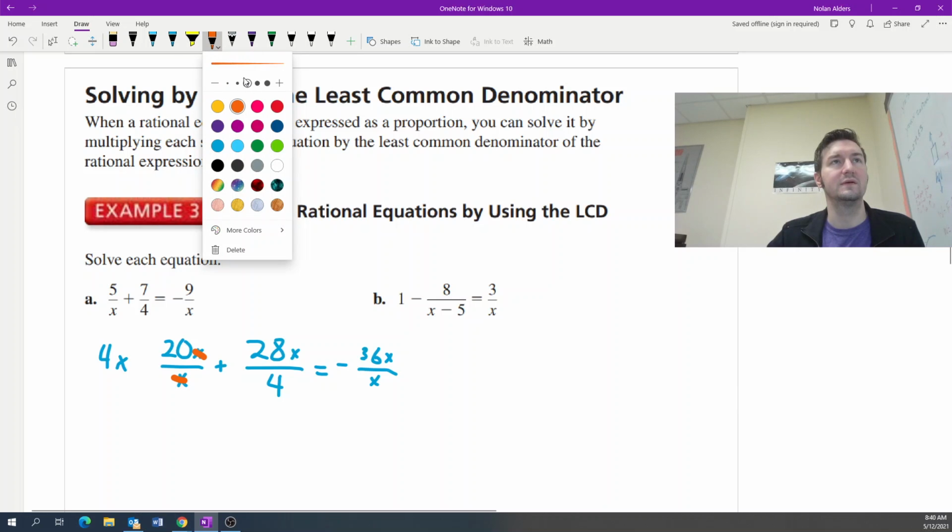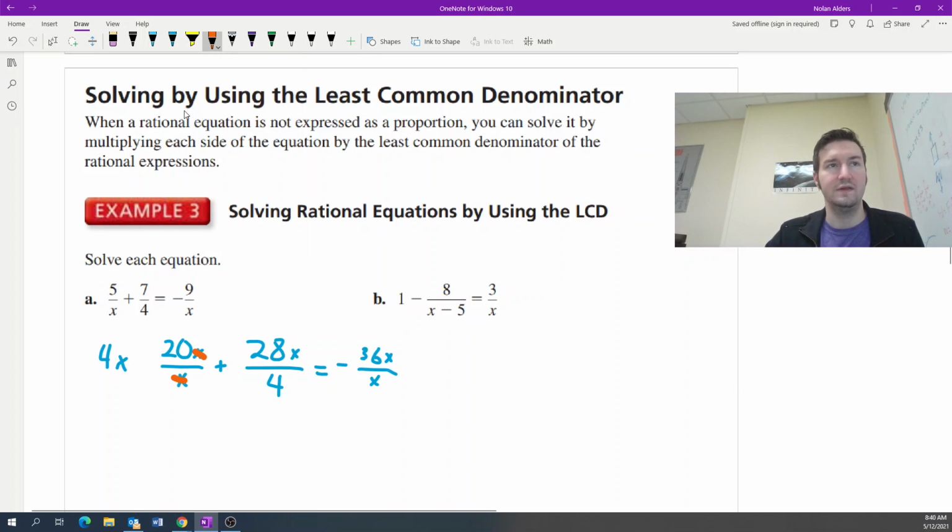Bring this down just a little bit. The 28 over 4 would just reduce to 7x. And then over here, these x's cancel.